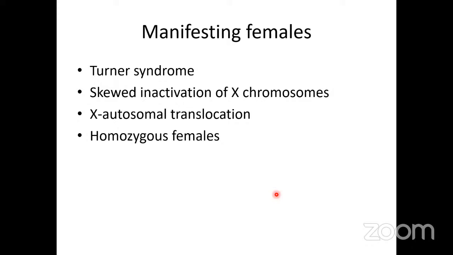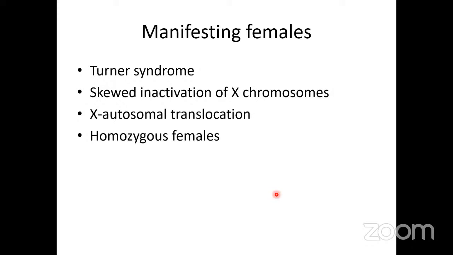One is if the female is Turner, that means one X chromosome is absent. There is something called a skewed inactivation of the X chromosome. We all know lyonization. In a female, there are 2 X chromosomes. One X chromosome is silenced, but it is random inactivation.